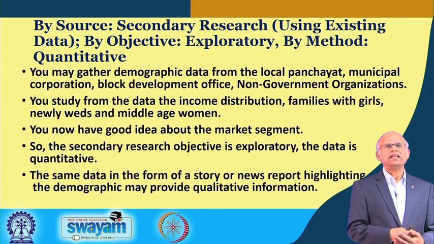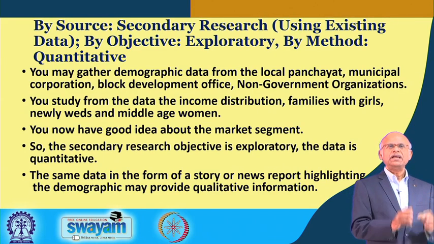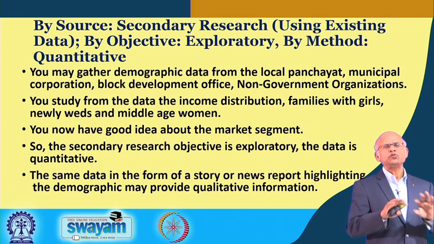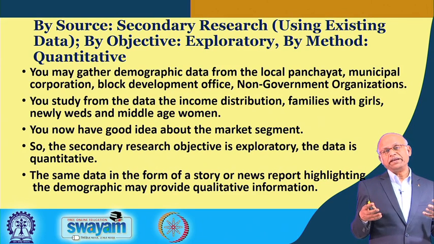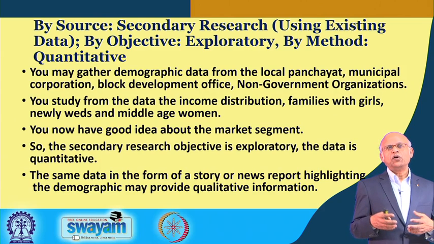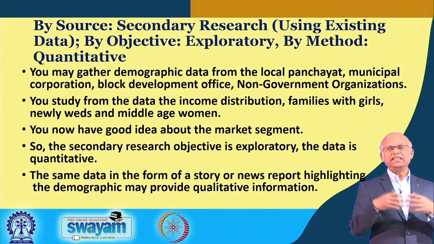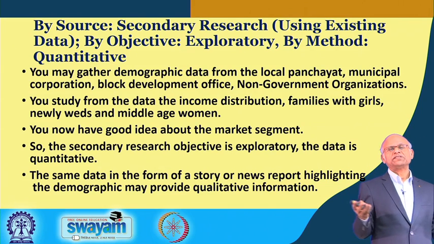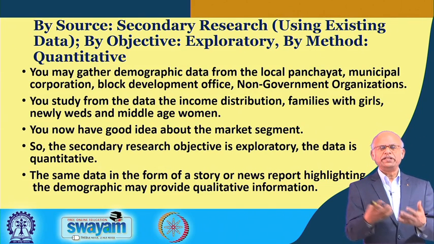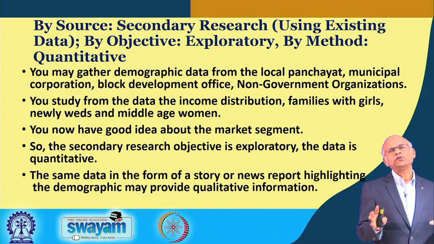So, you start analyzing. This is secondary research, and your objective is to do some exploratory research, not really something like experimental or deeper study such as descriptive. By method it is quantitative, because you are gathering numerical data, but then it can also be qualitative.